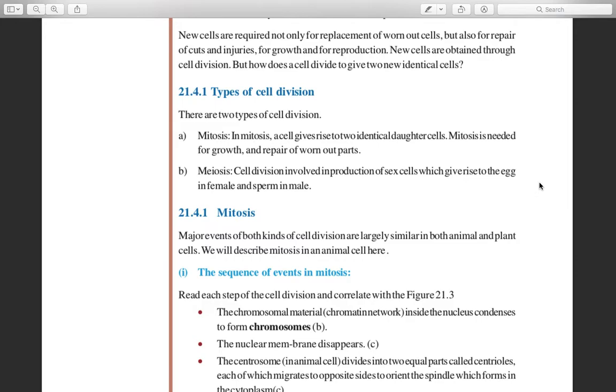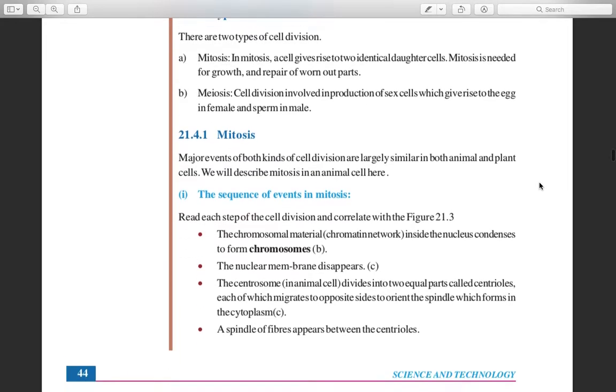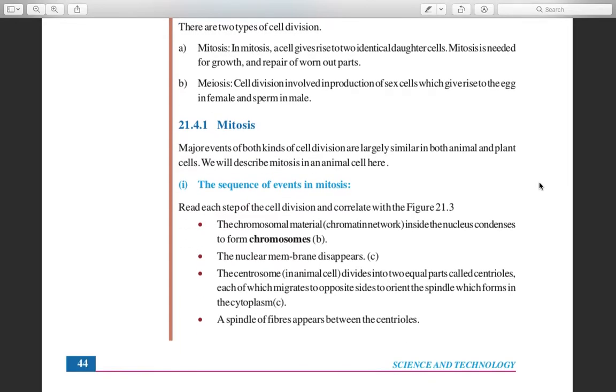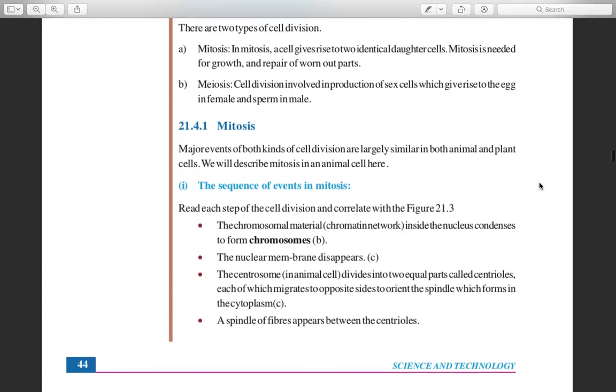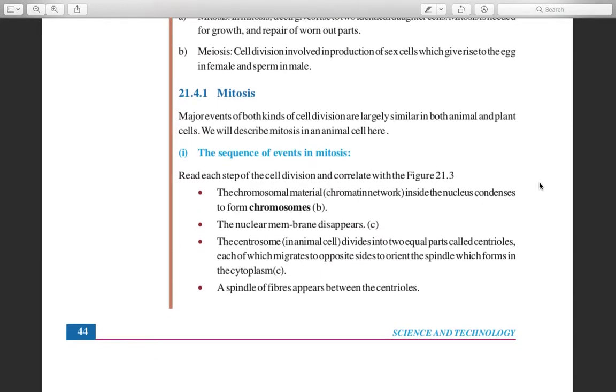They further develop into egg in female and sperm in male. We know that in reproduction, the egg cell of the female and the sperm of the male are joined and then develop into a new fetus and a new baby.